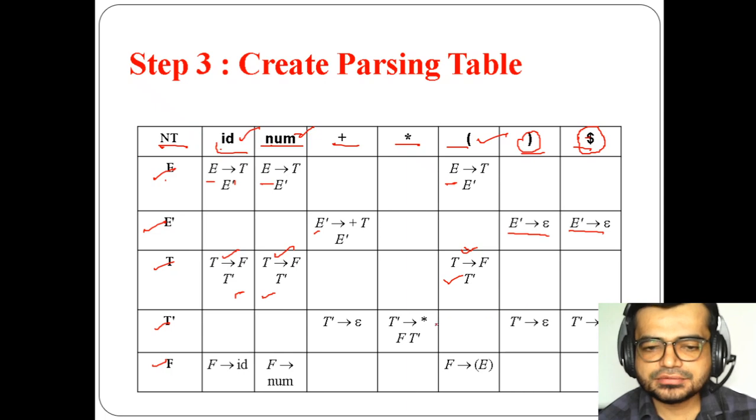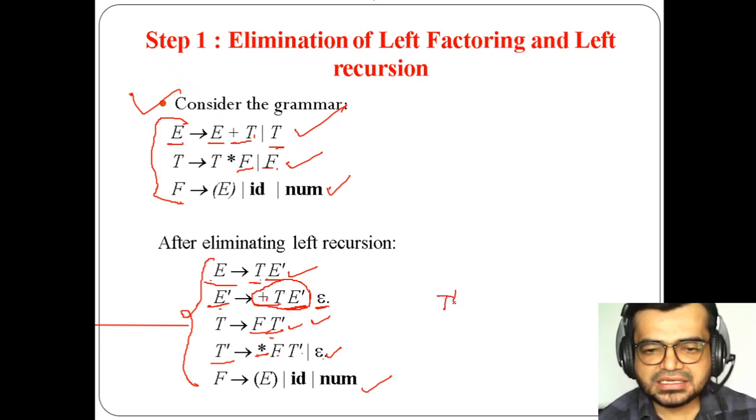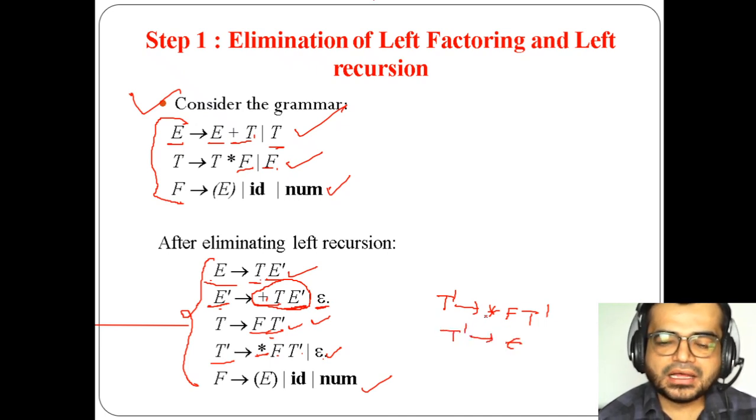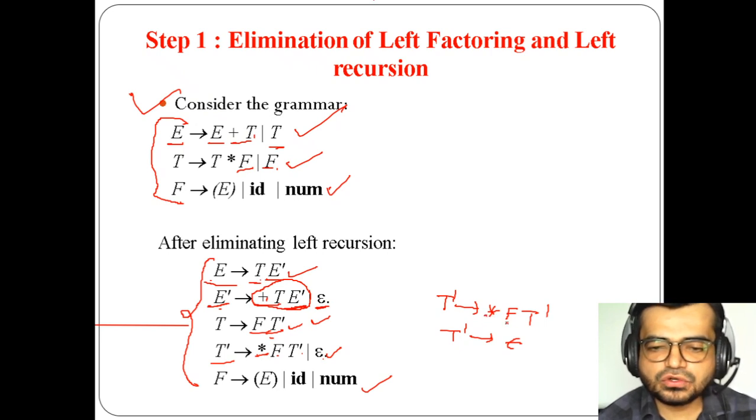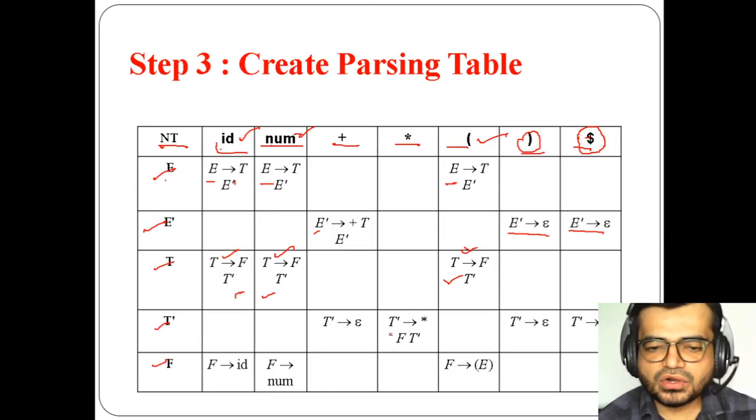For T dash, there are two productions: T dash of dollar ft dash and again T dash of epsilon. So for multiplication we have to go with this production only. You cannot go for this one, right? So I'm just writing here that T dash is equal to asterisk of ft dash.